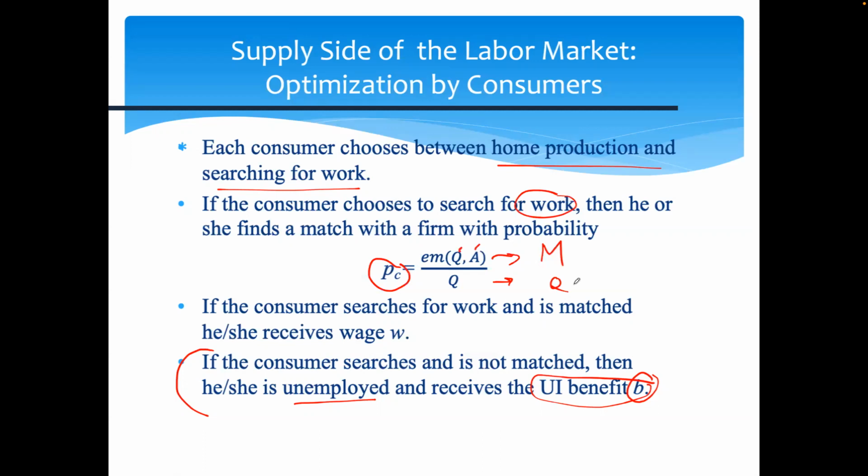That's obvious, right? You search for a job, but only M of us are going to match with a good job we like. Hence, the probability for each of us to find a job is M divided by Q, given by this number. What is the outcome? If I match with a firm, I'm going to receive a wage of W. Okay, this is the consumer side.